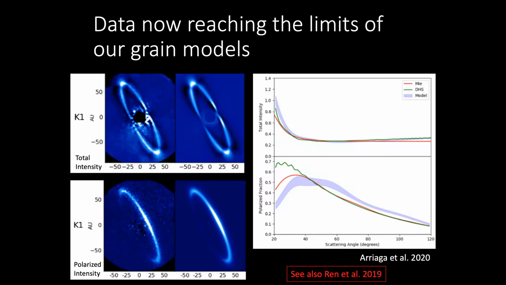So I think one thing that's exciting about this large collection of data from the GPI debris disk survey is that we really have a lot of data to start to probe these questions in greater detail, searching for hidden perturbers as well as understanding the grain compositions of these disks.